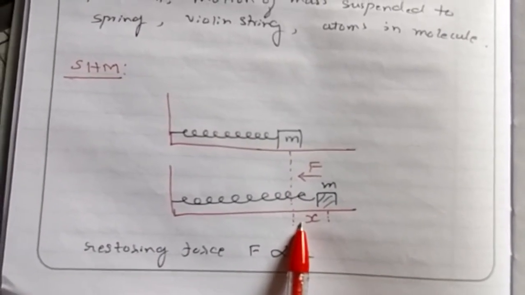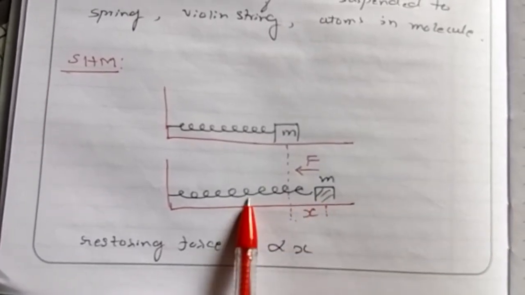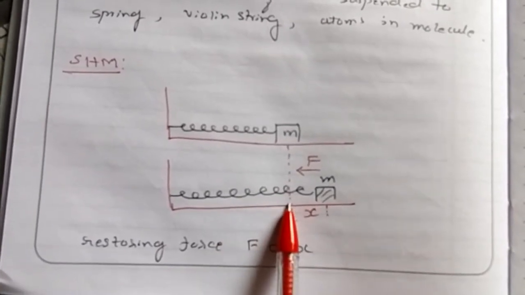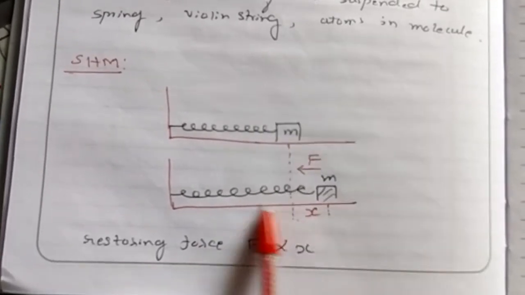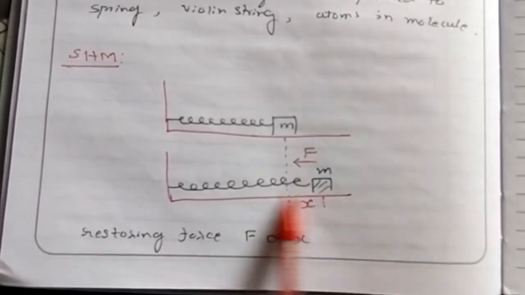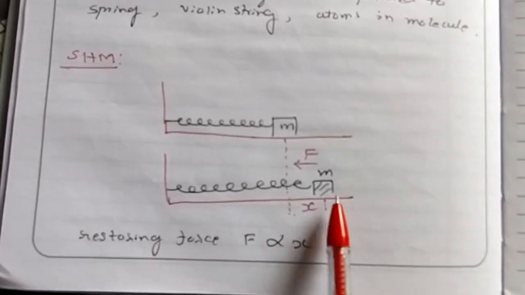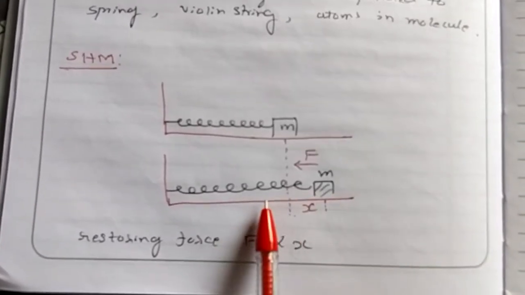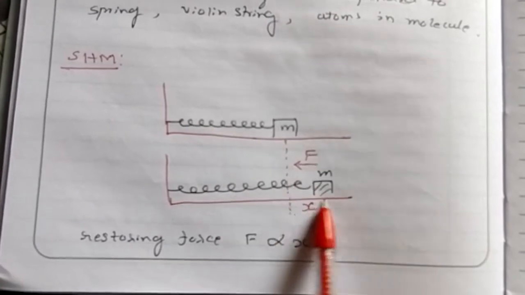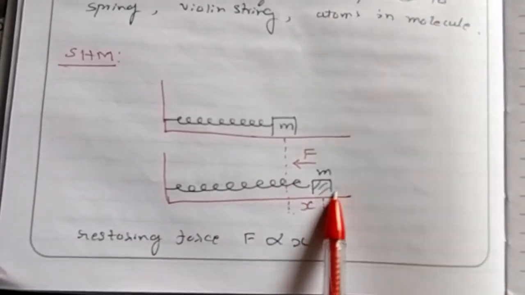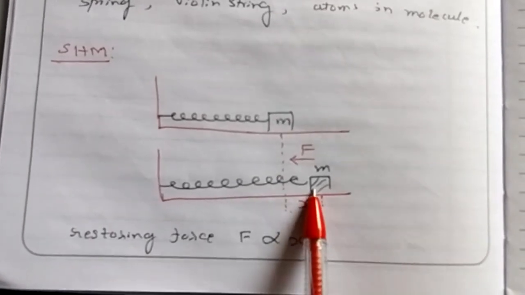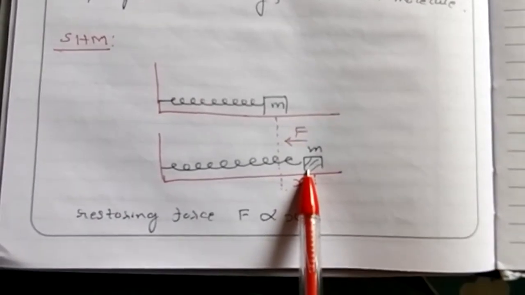What is the definition of simple harmonic motion? The mass comes back to its equilibrium position, then goes to minus x, plus x, minus x, plus x. Since the surface is frictionless, it keeps on moving indefinitely. Why does it come back to the equilibrium position and oscillate back and forth? Once I stretch the mass through a small distance, a restoring force comes into play within the spring, since action and reaction are equal and opposite.